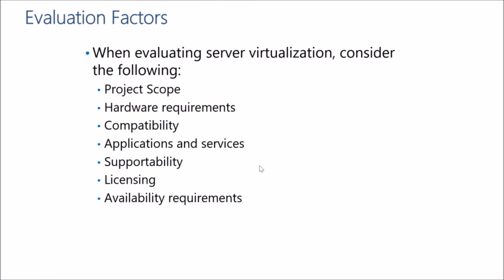There's no point giving the client something they never asked for, while not delivering what they actually do want. What are the hardware requirements? Are there any compatibility issues? What are the applications and services? What's the supportability, meaning who's going to support it, and how easily is it supportable?